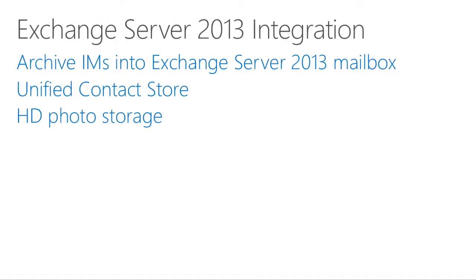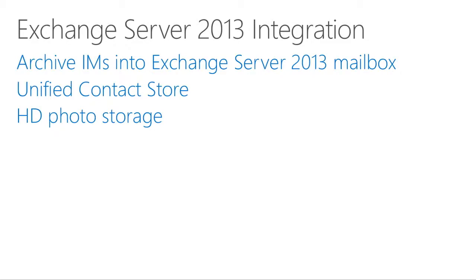Now, if we talk about the Exchange 2013 integration side of things, so specifically around that version of Exchange, there's some additional value points here that are only available in that version of the product, which is things like archiving your IMs directly into the Exchange Server 2013 mailbox. And this is really good because by default, Lync will natively archive content to a SQL database, but it's not particularly easy to get to.